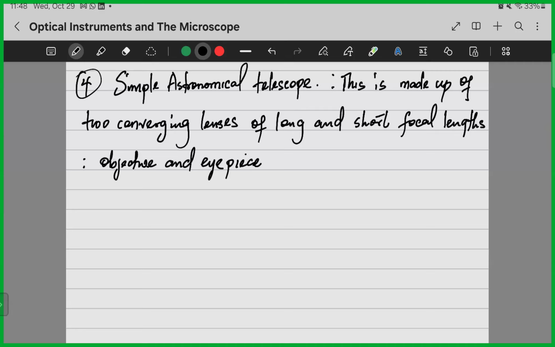Astronomical telescopes are designed for distant or heavenly bodies and not objects on the earth.